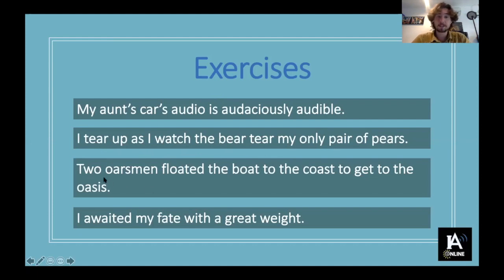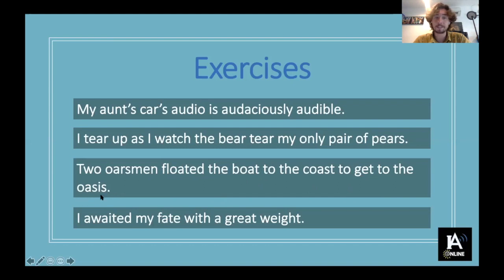Next one. Two oarsmen floated the boat to the coast to get to the oasis. So here I used O and A, but you can quickly see that they actually sound different. Two oarsmen, and then floated the boat, these two being the same, to the coast, same as these other two, to get to the oasis, totally different.